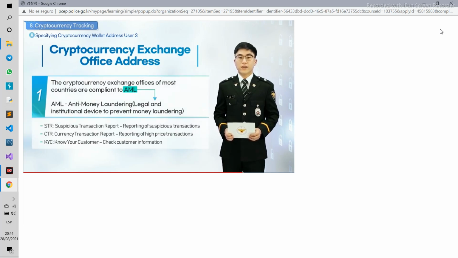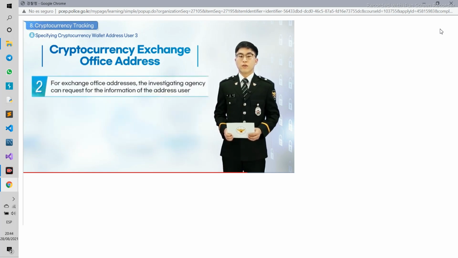Cryptocurrency exchange offices of most countries must comply with the anti-money laundering standard. Under AML, suspicious transactions and high-price transactions must be reported, and it must satisfy various conditions such as checking the exchange office customer information.